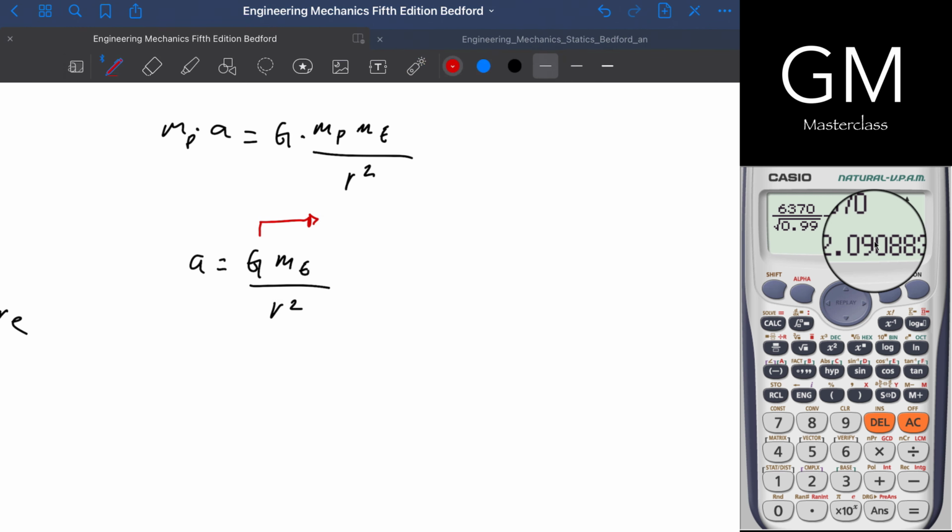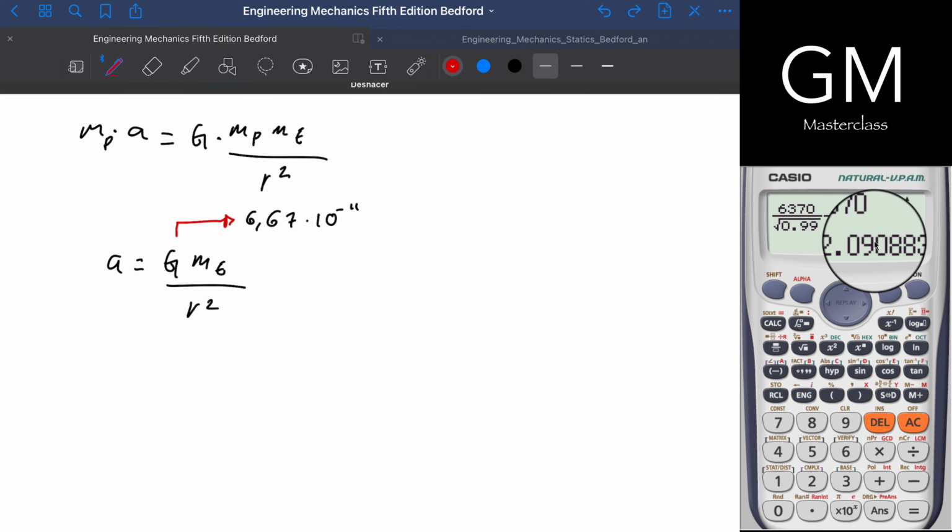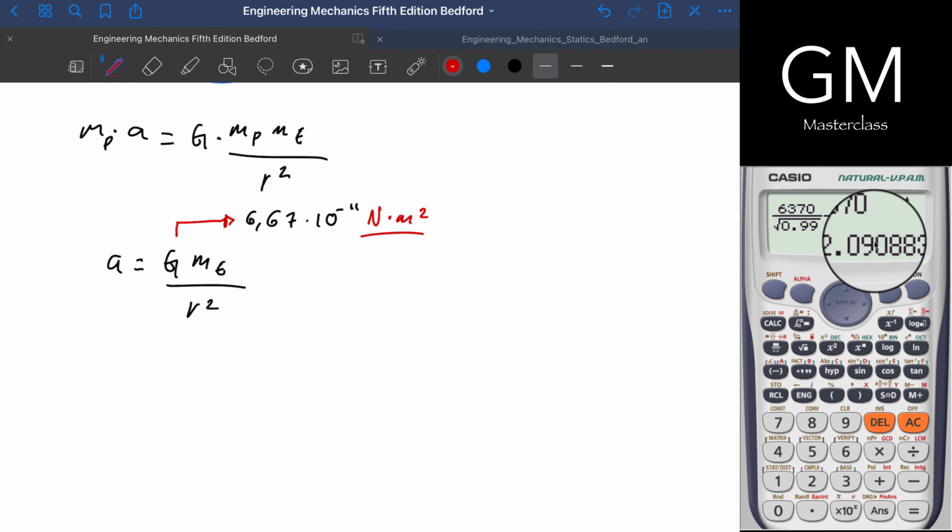Now this G, because it's a constant, is equal to 6.67 times 10 to the minus 11, and this is an important part of this, newtons multiplied by square meters divided by square kilograms.